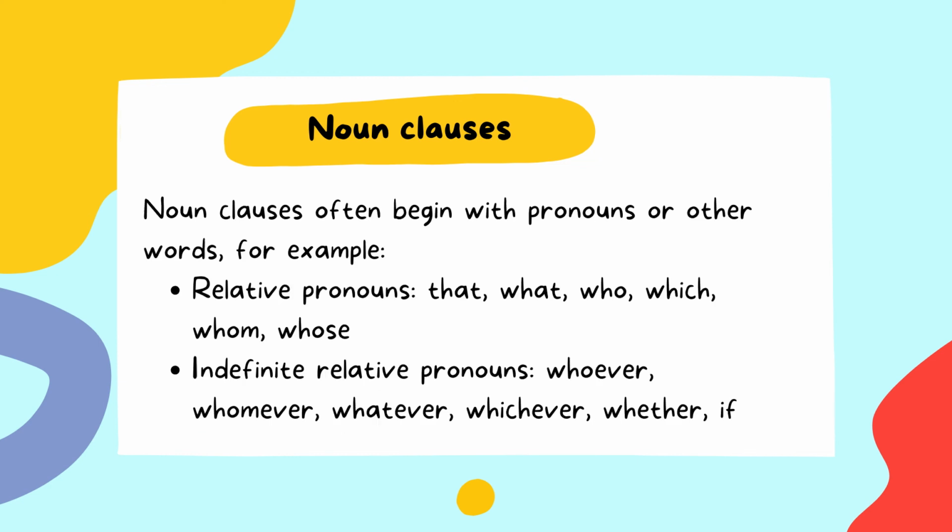Noun clauses often begin with pronouns or other words. That particular word usually has a grammatical function in the sentence. Relative pronouns like that, what, who, which, whom, and whose.